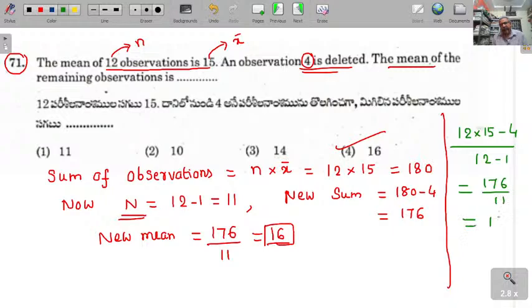So you will be getting the answer 16. This is without paper and pen, a super shortcut. Let me say once again: multiply 12 into 15, subtract 4, divide by 12 minus 1, then 176 by 11, you will be getting 16.